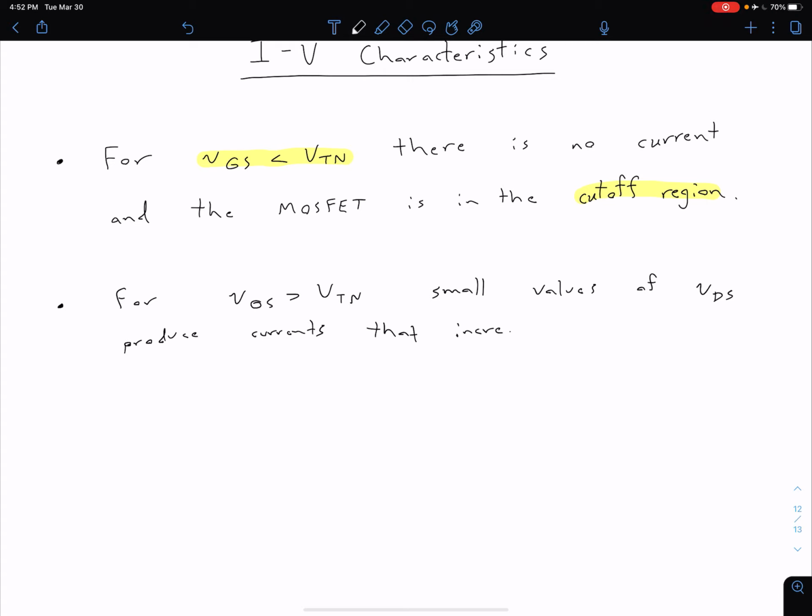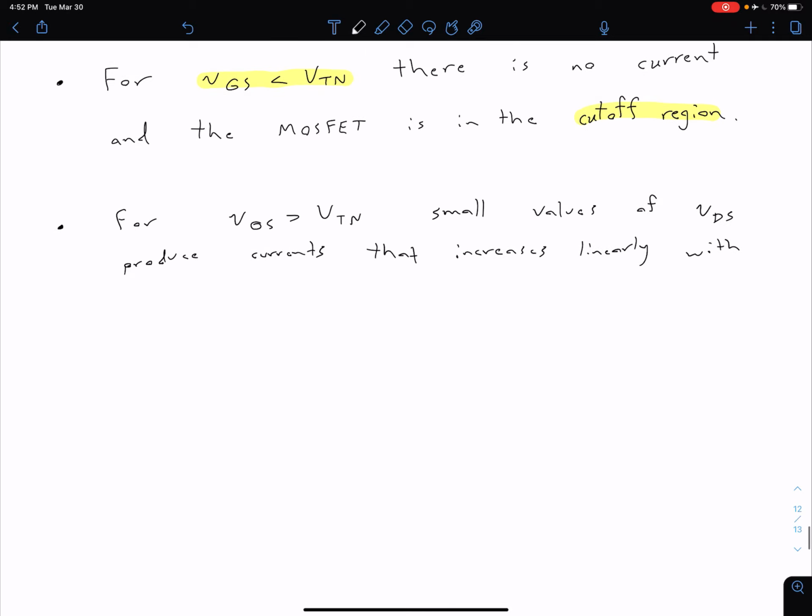And so for small values of VDS, we're going to see linear increases in our drain current as we increase that VDS value. So it produces currents that increase linearly with our changes in our VDS.